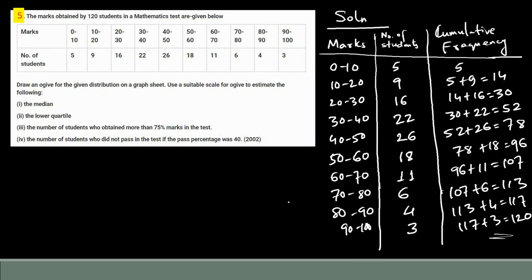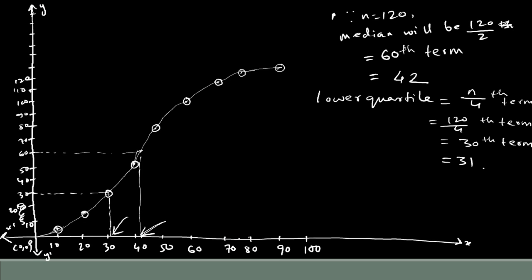Okay. The third problem is the number of students who obtain more than 75% marks in the test. So this is 70, so basically here you have 75. How many students obtain more than 75? First you can draw a line from here using a scale. All of these should be drawn using a scale.